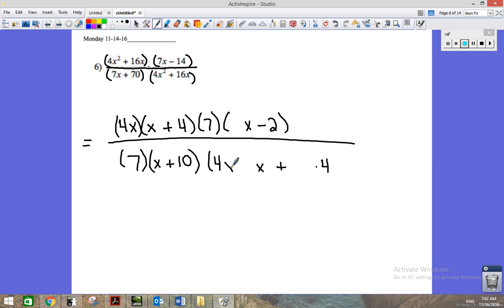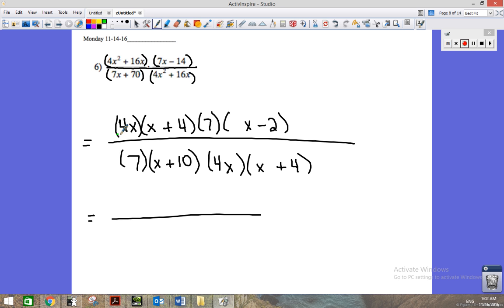So we can write a 4x out here if we have factored 4x from both terms. 4x times x is 4x squared. 4x times 4 is 16x. So now I've written this in factors, and hopefully some of these factors are going to cancel. Let's look and see.